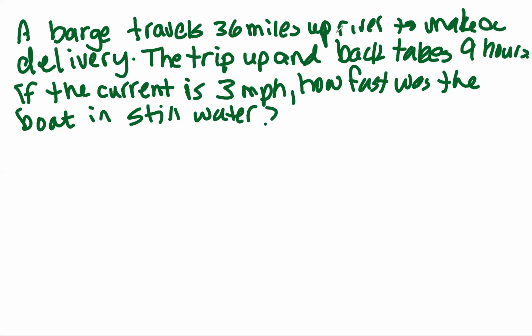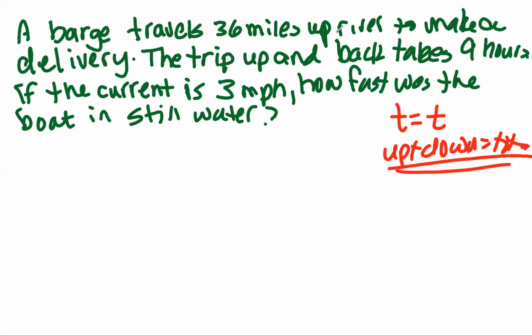Now, your two choices for working with this would be either the times are going to be the same, or you're going to have upstream plus downstream equals the total time. And that's the one you have for this one.